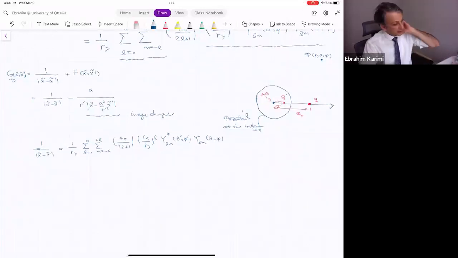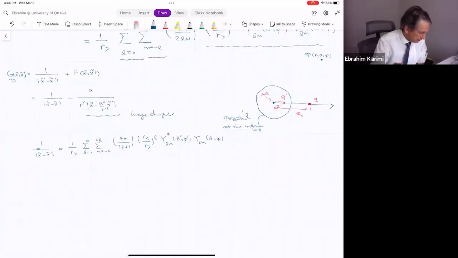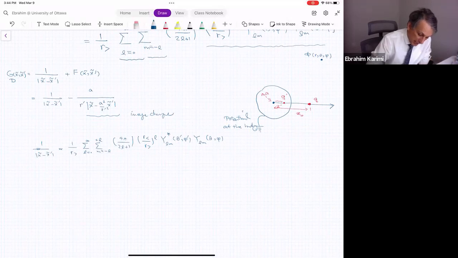The same solution can also apply for expanding the second term, A divided by R prime, times 1 divided by |x minus A squared over R prime squared times x prime|. You can do exactly the same expression.